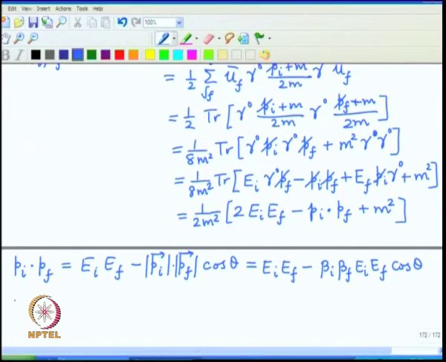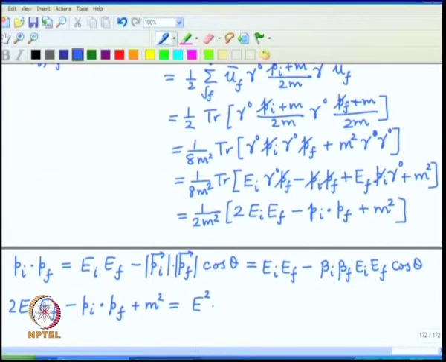So, this object 2 E_I E_f minus p_I dotted with p_f plus m square: now the E_I E_f cancels, the 2 are equal. So, it is E square.